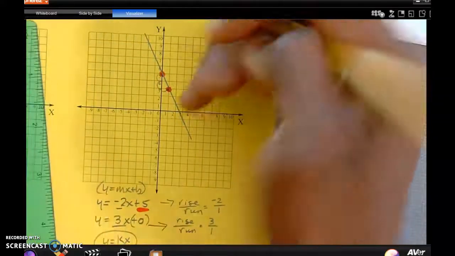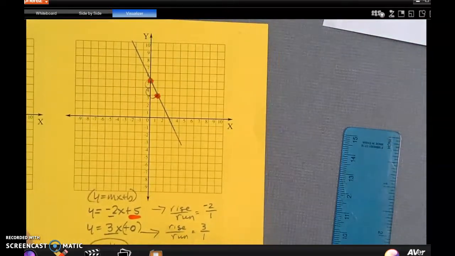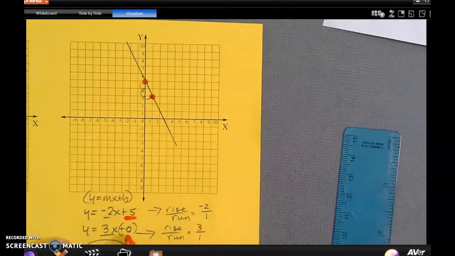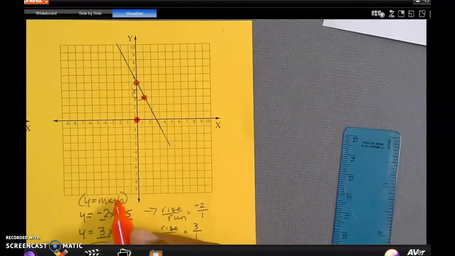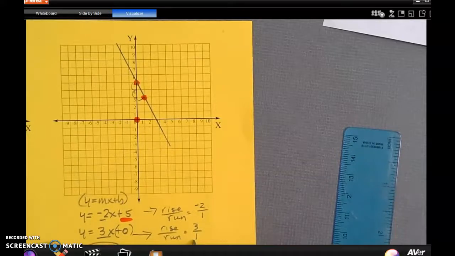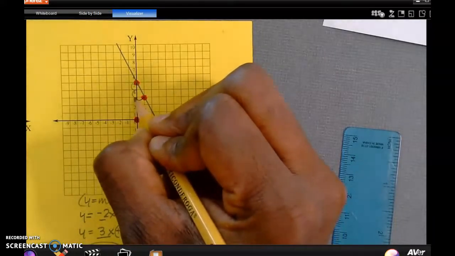Now, let's go ahead and use the rise over run. In this particular case, remember I'm starting at my origin. That's there because this is 0 in that format. Now, my slope is going to be a rise of 3, and I'm going to go over my run of 1. 1, 2, 3, and then 1.